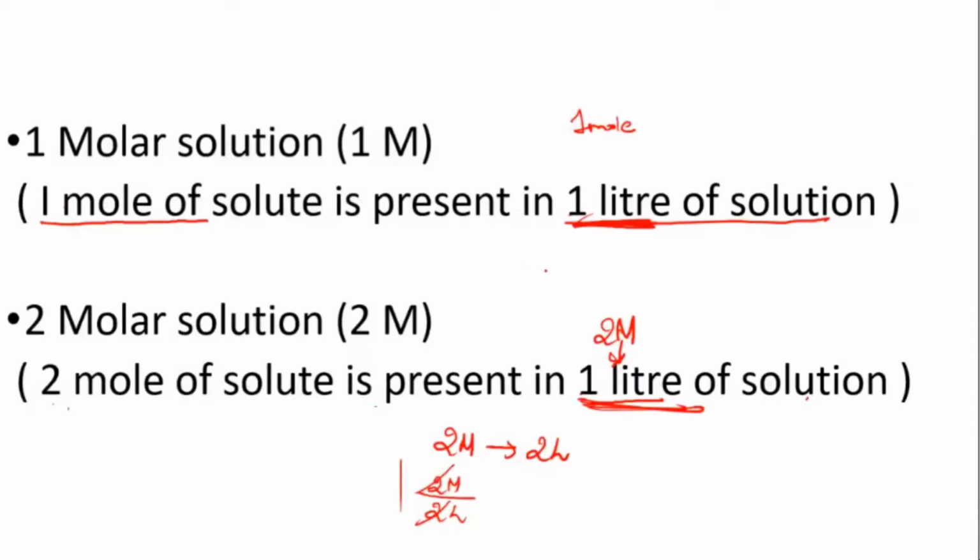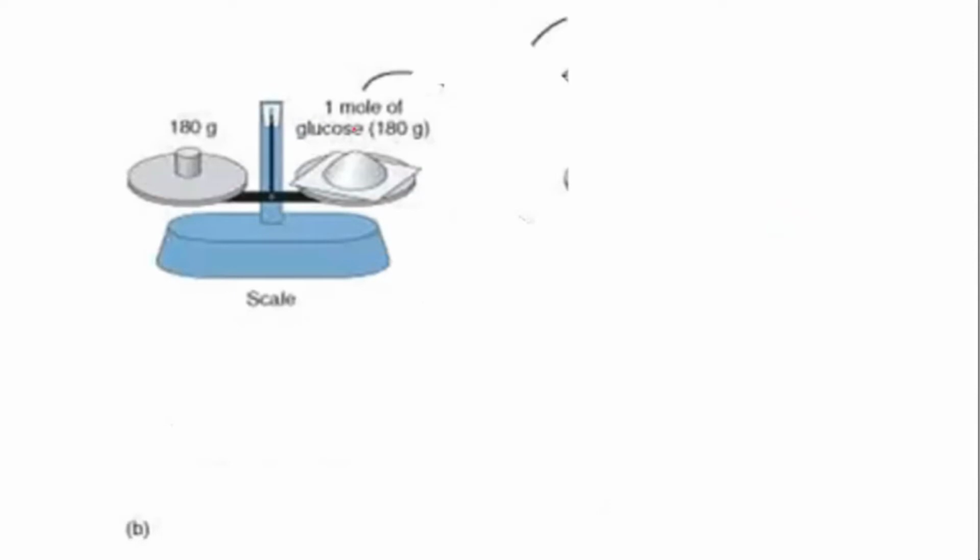Let's see the last one now. The last one is molal, molality. We call them molality. Here, this picture will be a little blur, but you understand the concept because the picture isn't that important, but you'll be able to at least understand what is exactly present. Here you can see 1 mole of glucose is weighed.